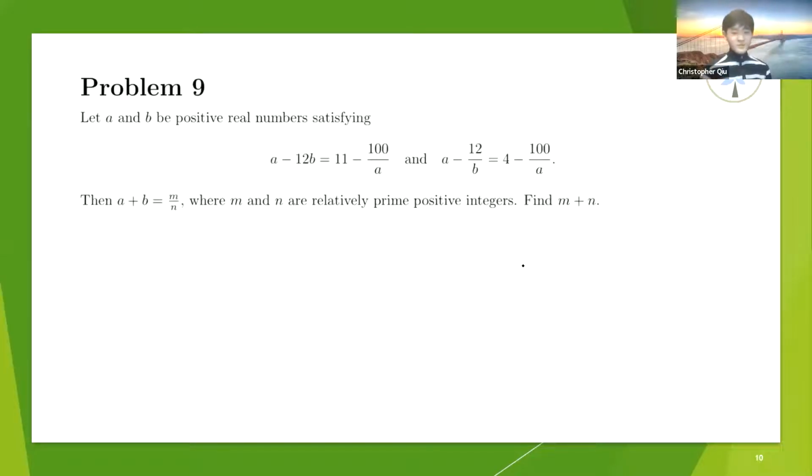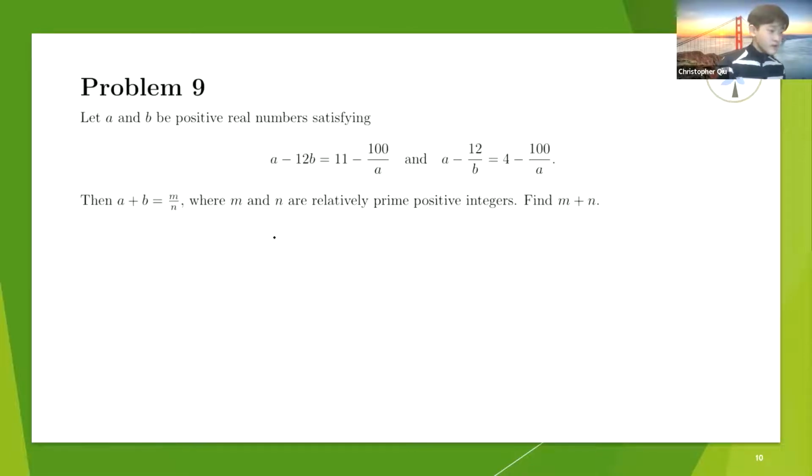All right, so in this problem, we have a system of linear equations. Or no, not linear equations. We have a system of equations. So here, we notice that we have these terms, a and negative 100 over a, in both equations. So one thing we could do is isolate these two terms on one side of each equation and see what we get.